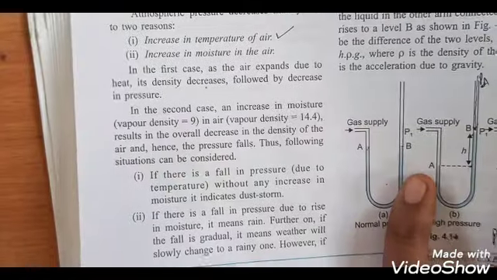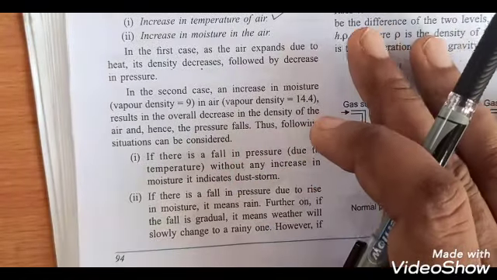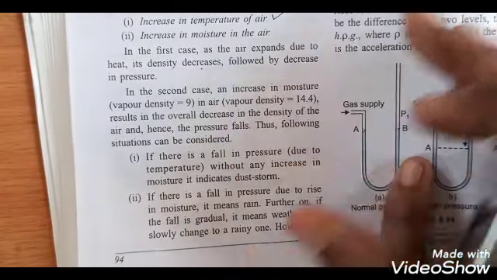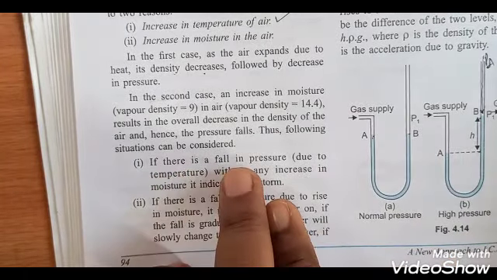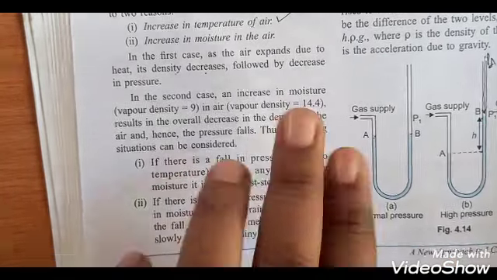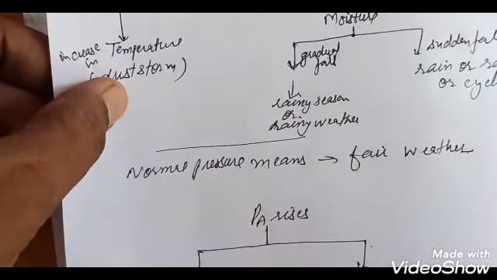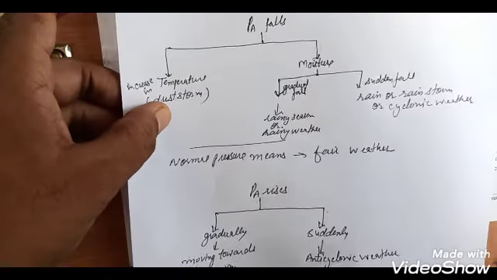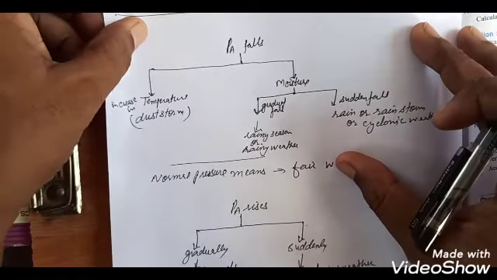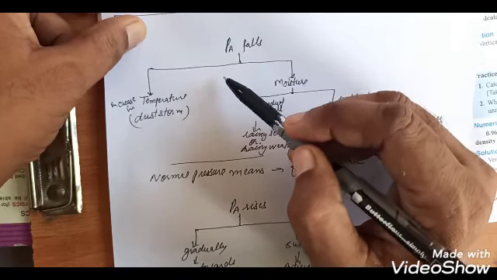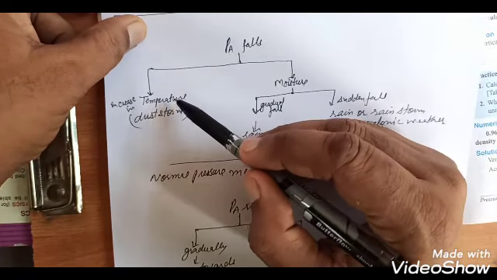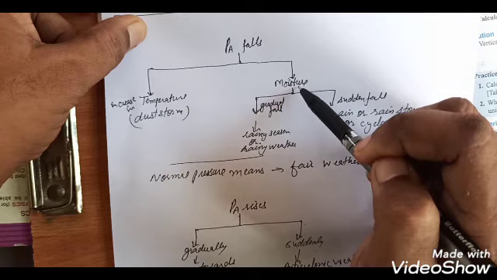Thus the following situations can arise. What are these situations? See, if there is a fall in pressure, you just check it out. Pressure falls, and the fall is due to a few reasons: because of temperature, because of moisture.